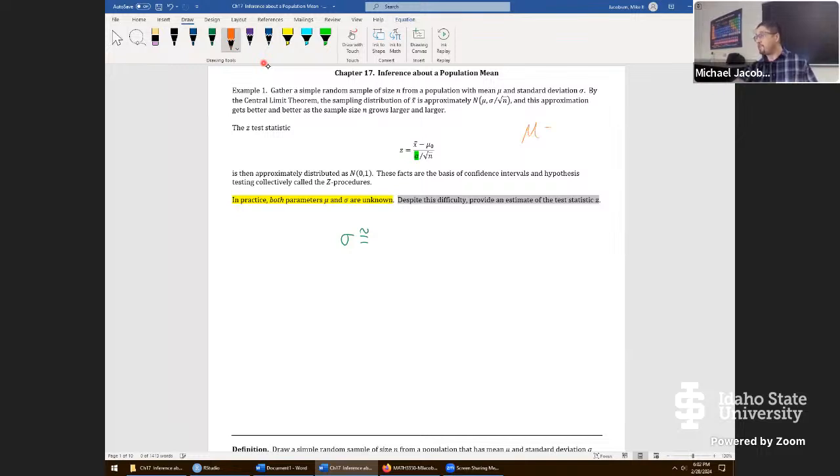For the other parameter mu, this one's approximately equal to the statistic x bar. We need to do the same thing right here. Anyone see which statistic should go into that location? Exactly, Aspen. We're going to put in the sample standard deviation S right exactly there.